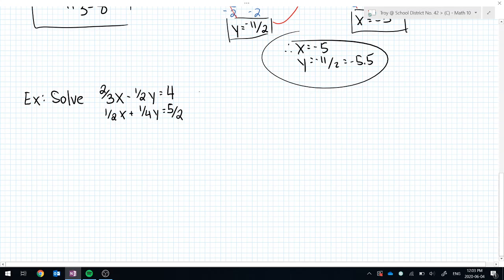But what we're going to do here is, when you have fractions, the trick to get rid of them is to multiply each equation by the lowest common denominator.